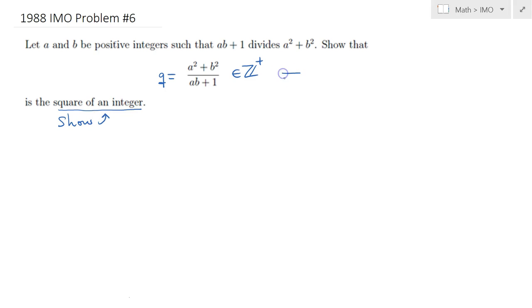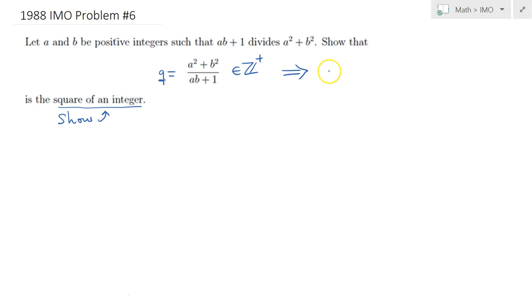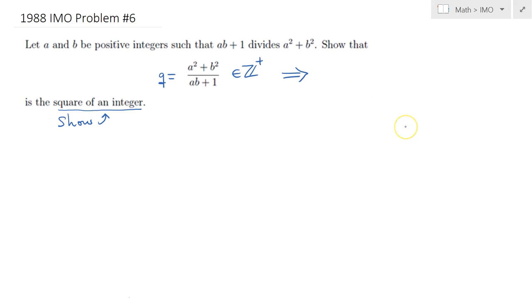Let me recast this in the following way. I will say that the pair AB solves the following expression: x squared plus y squared, after I do cross multiplication here, equals q times (xy plus 1).